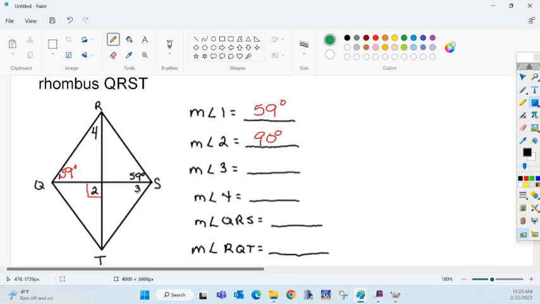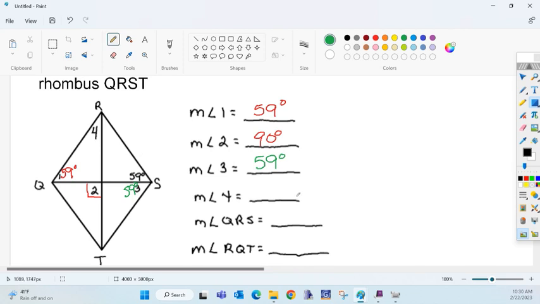Read that one. Bisects opposite. So it bisects the angle, right? So since it bisects it, what does that mean? What's bisect mean? Split it in half. So if this is one of the halves, what's the other one? The other half, so how many degrees is that? 59. Yeah, 59, good job. Okay, so this one's 59, because it bisects those corners.